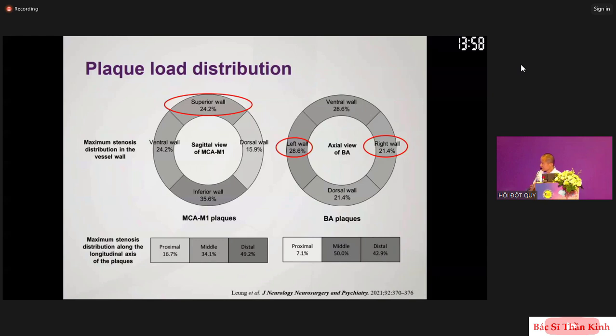And the maximum plaque load characteristically in ICAD, which is more vulnerable, as we found in the latest study, is when the plaque load is skewed to the distal aspect, the distal third of a plaque. Then the plaque is prone to plaque progression and clinical recurrence.